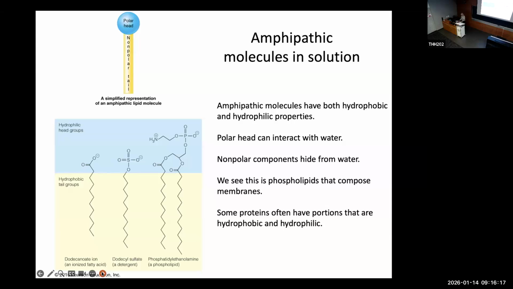Okay, so we've talked about hydrophobic molecules and hydrophilic molecules, those that interact well with water and those that don't. We also have molecules that have both sets of characteristics, and those are called amphiphilic. So they have some region that is hydrophilic and another region that is hydrophobic. We talked about these briefly last time, but they can be amphipathic lipids.